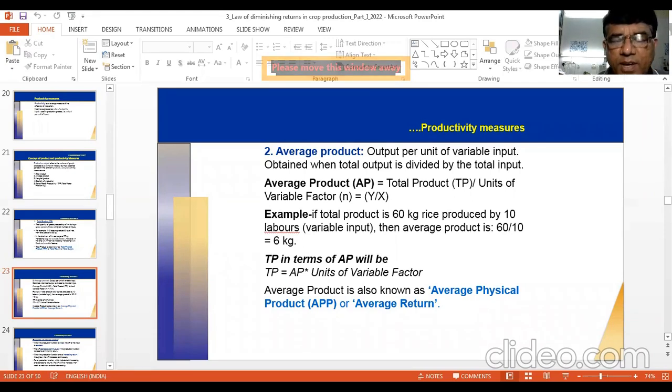Labor is a variable input. Then the average productivity of labor is 60 by 10, 6 kg per laborer. That is your average product. If you know the AP, you can work out TP: total product is equal to AP into units of variable factor. Average product is also known as average physical product or average return.